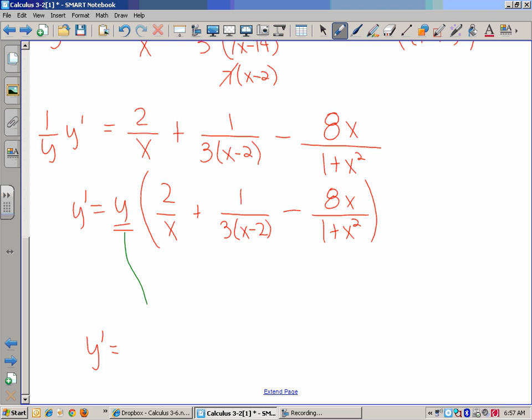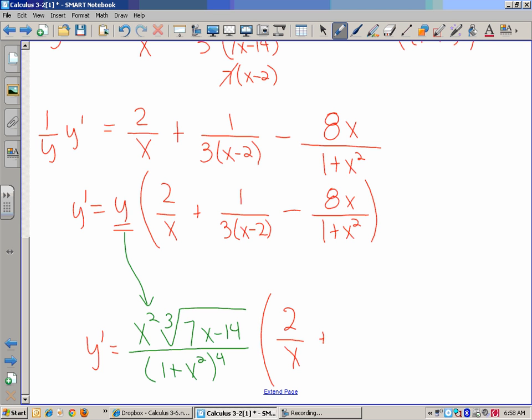So this y from above is x squared times the cube root of 7x minus 14 all over 1 plus x squared to the 4th. And I'm multiplying that by the stuff that was already present here. 2 over x plus 7 over 3 times the quantity x minus 2 minus 8x over 1 plus x squared.